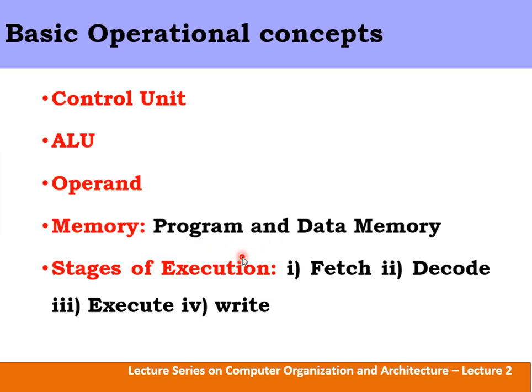Depending upon the type of information that is stored, we have two types. One is called program memory and another one is data memory. So what is program memory? Program memory is the part of the memory wherein it is going to store the program. And data memory is again a part of the memory wherein it is going to hold the data.